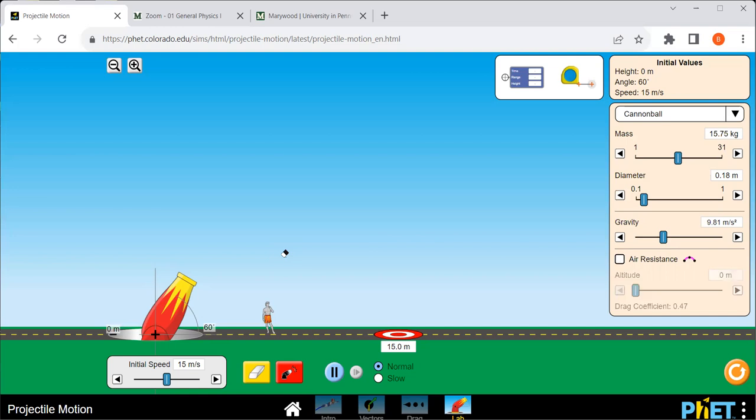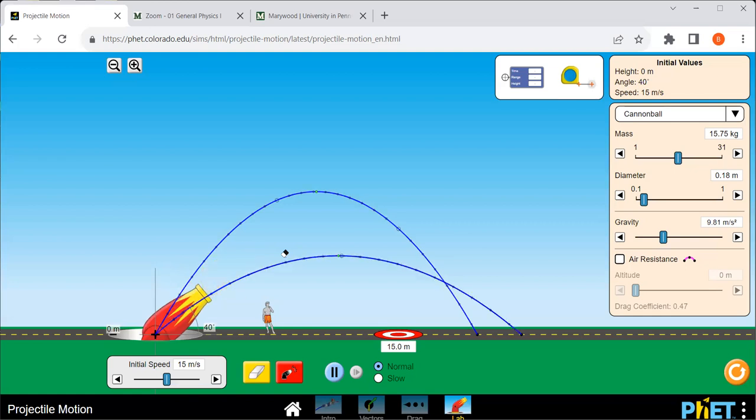So what happens if we fire the cannon? You see that it follows a parabolic path, which we already saw from the slide. If you change the angle, you will see that it also changes the parabola.